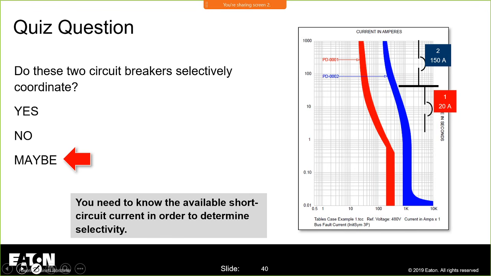I can do one of two different things. I could try to reduce the fault current. So if my fault current is say about 5,000 amps, I can try to lower my fault current to some value that gets it into this region over here.